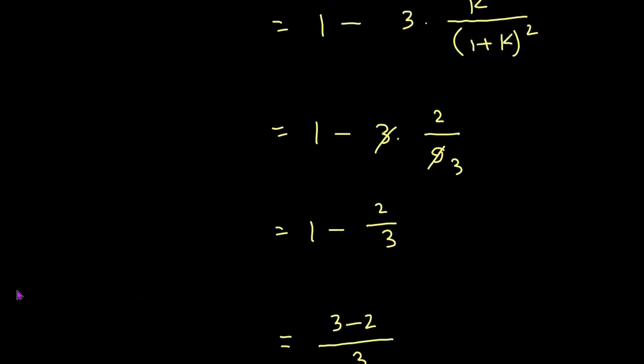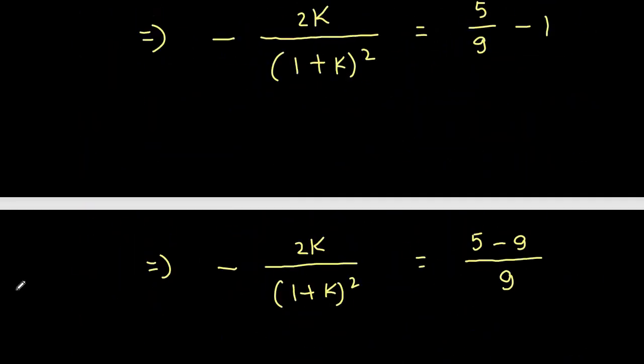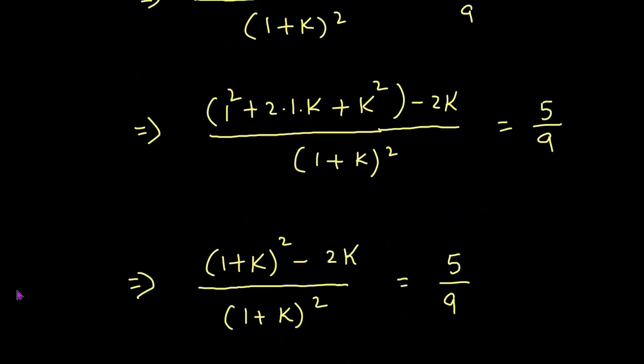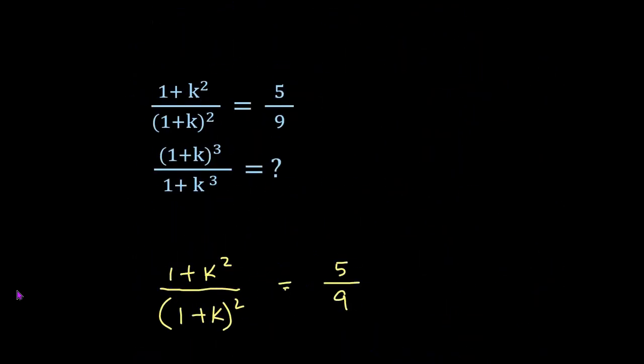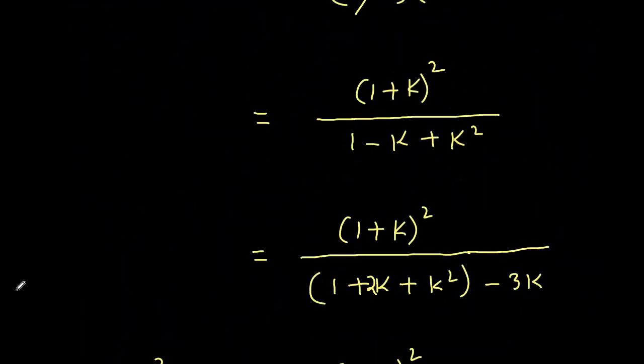But the value we want is the reciprocal, with (1 + k)³ in the numerator and (1 + k³) in the denominator. So we can reverse the value to get our required value.